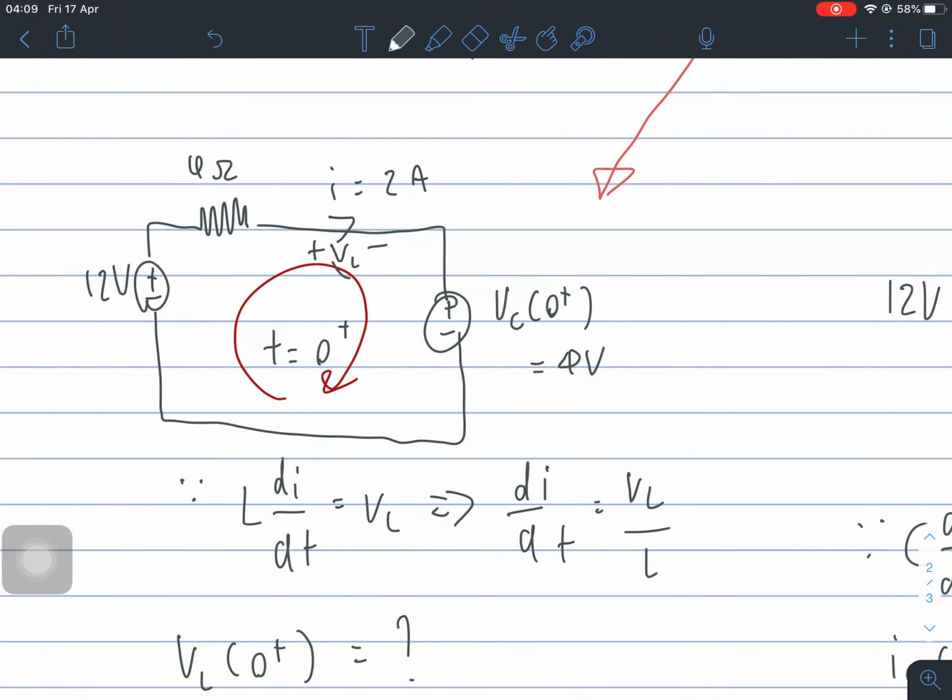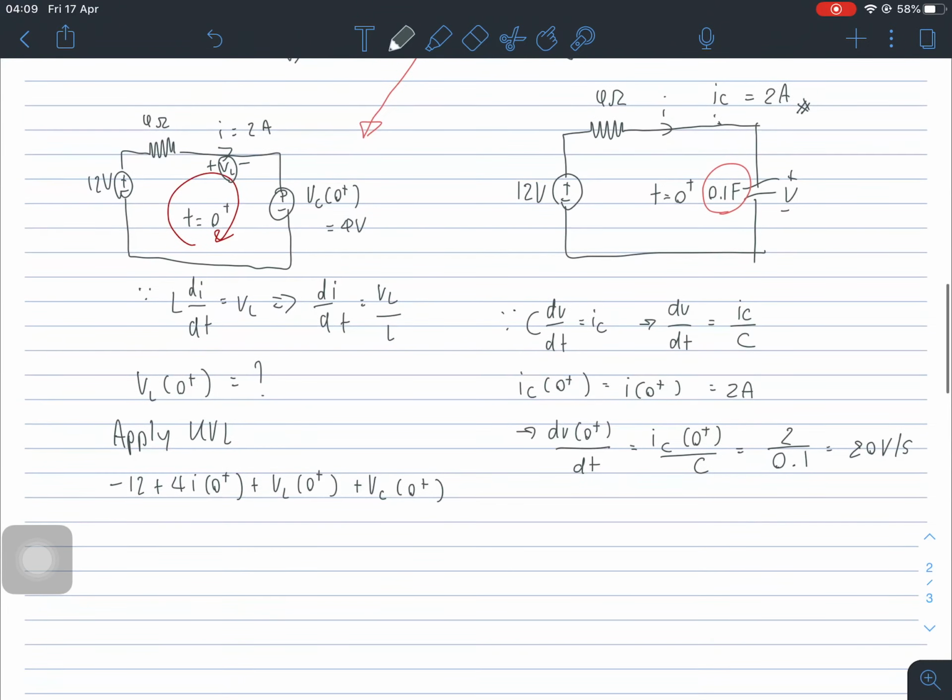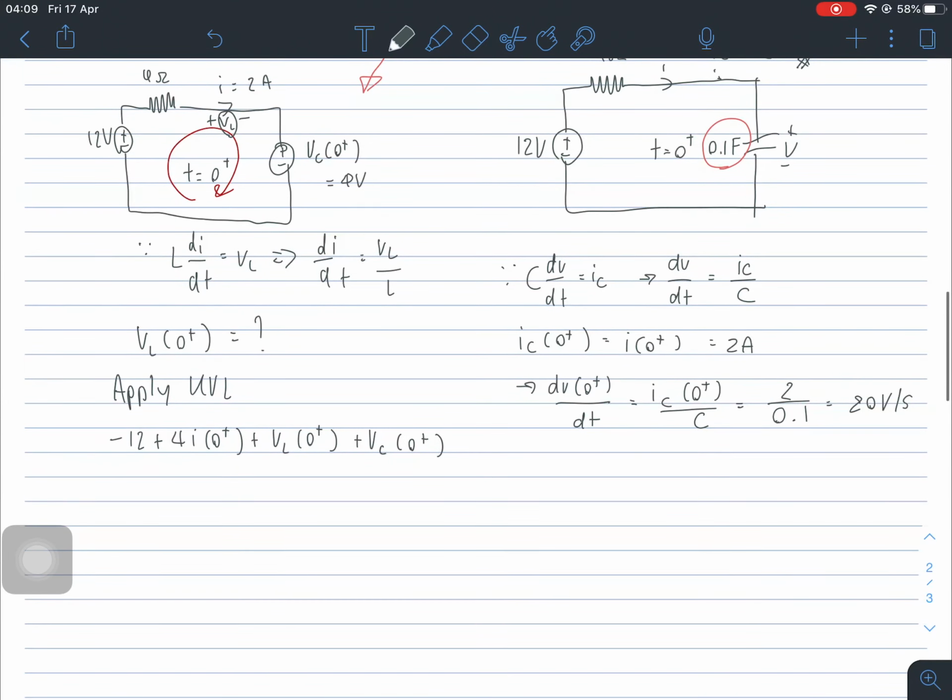I forgot to write the vL here, so we get minus 12 plus 4 multiplied by 2, plus vL(0+), plus vC's part, which is 4, equal to 0.